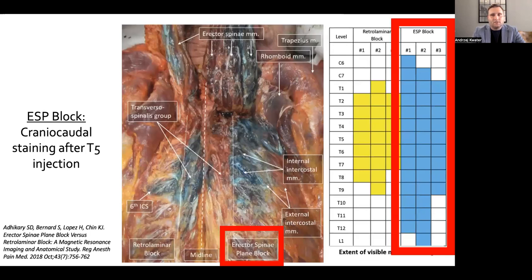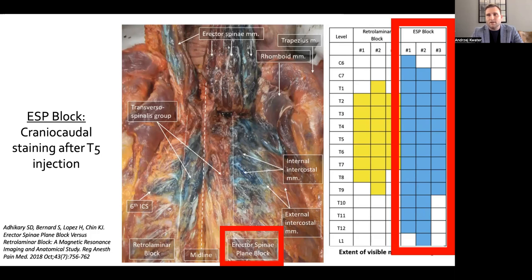Here are a few studies that were done that again reinforce the utility of these blocks and the spread of local anesthetic in the cranial and caudal direction. Here you can see on the right-hand side of this cadaver with staining, there's one injection done at T5, and you can see the amount of spread in the cranial caudal direction. And on that right-hand side in the box in red, showing the extent of dermatomal levels that were covered.